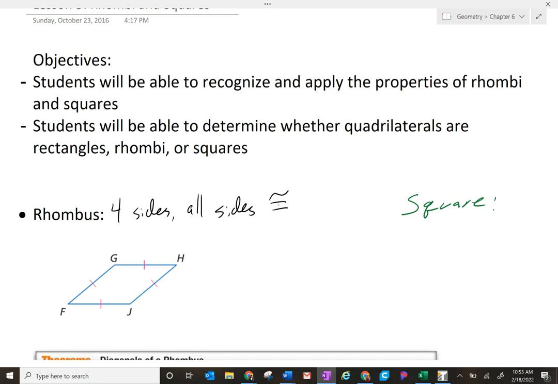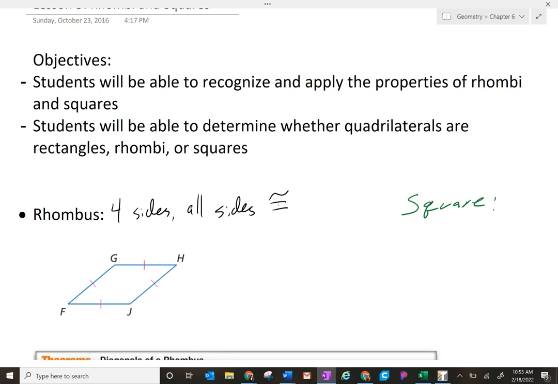It kind of fell over and got skewed a little bit. That's what a rhombus is. So it has all 4 sides the same length, and the only thing that's different is that the angles are not going to be perfectly square like a square is.